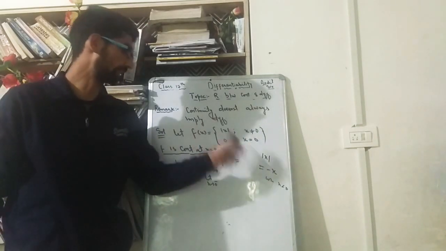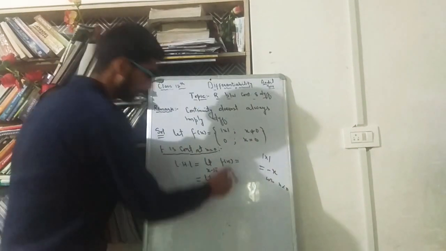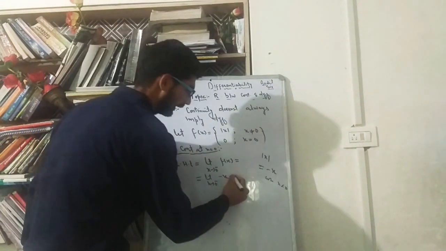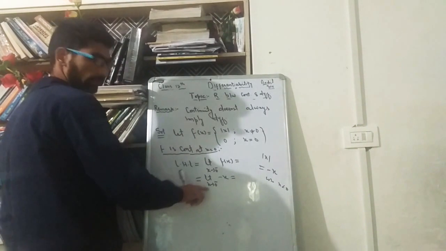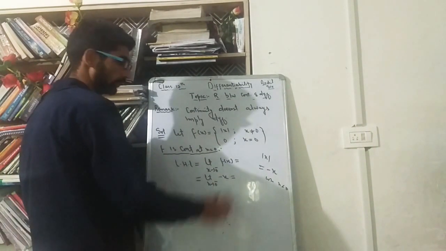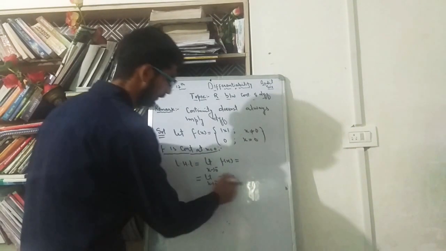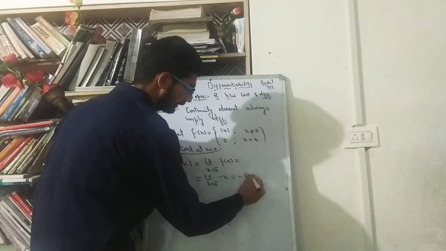So the value of the function at that time is minus x. And that will be equal to, we can directly give the value of x as 0 by the direct method. So it will be minus 0, that is 0.